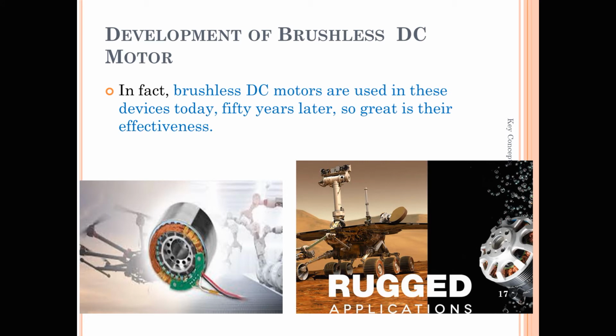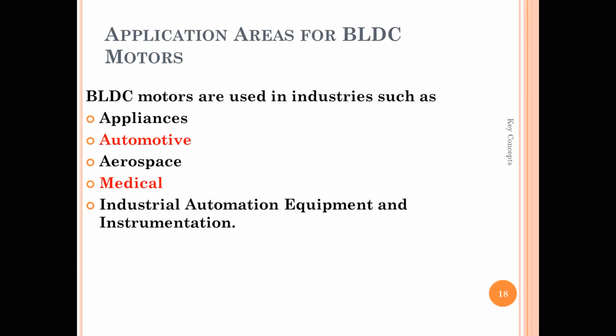And then we can see that these motors have very good efficiency and are capable of being used in various applications. As we can see, today the BLDC is still used very effectively. Just as it was used 50 years ago, it has very vast areas where it keeps exploring applications, and it continues.